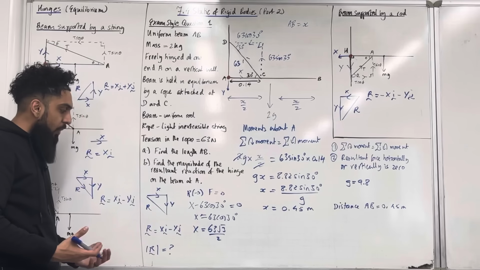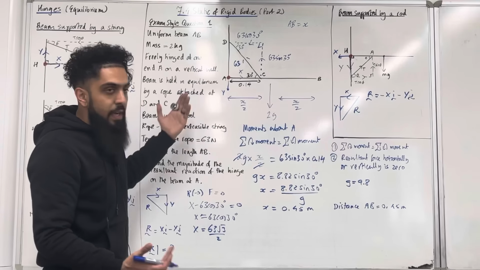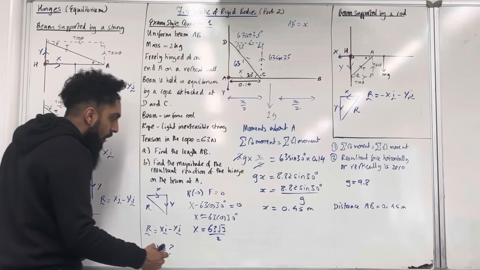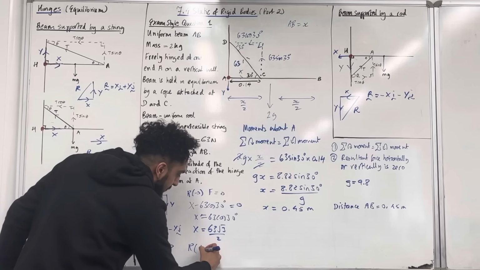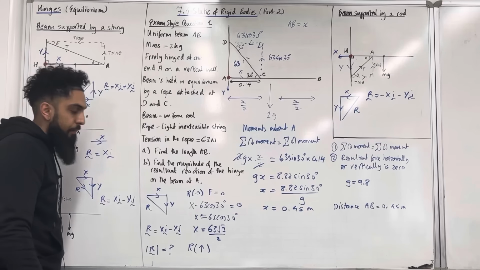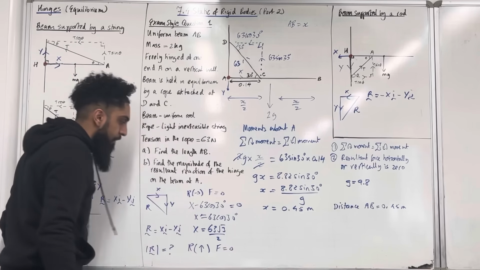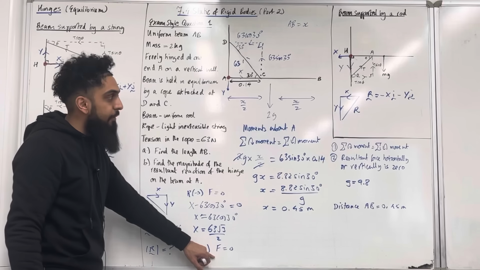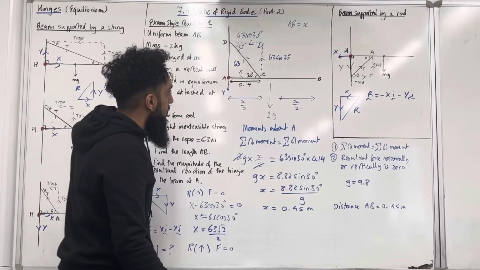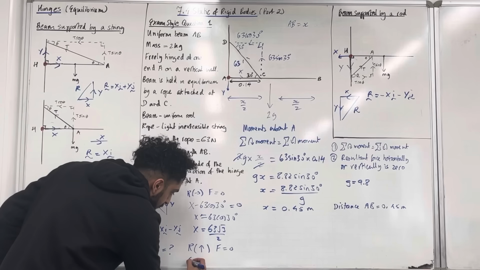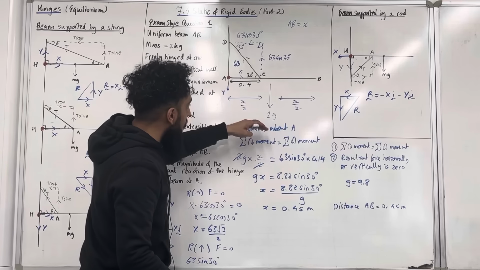Now we're going to calculate y. Y is acting in the vertical direction, so we're going to now resolve vertically, taking upwards to be the positive direction. The resultant force F vertically is equal to 0. So what would that resultant force F be? Well, it will just be 63 sine 30 minus 2g minus y.